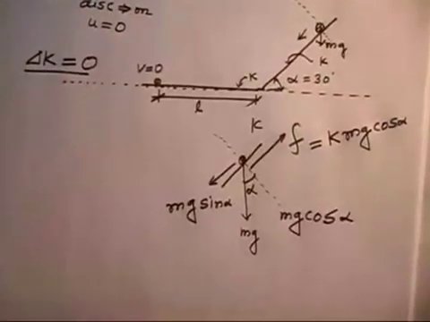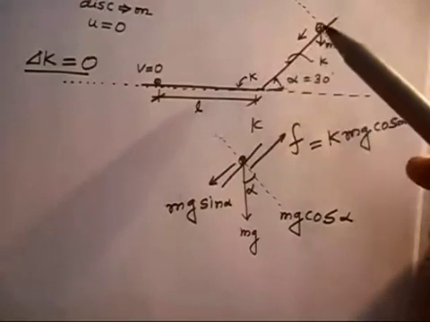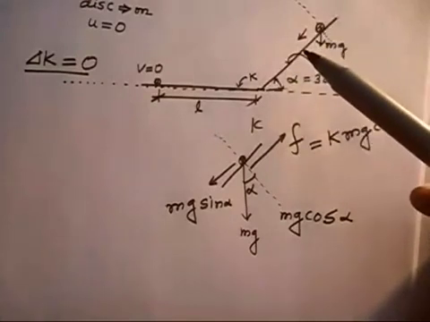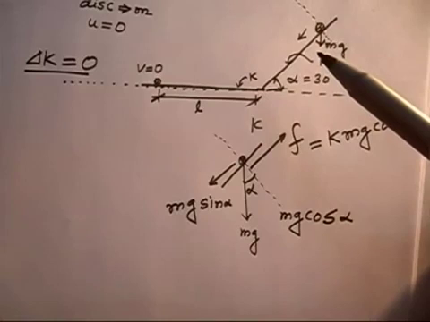Now for the work done, when this distance is given. Basically this distance is not given in the problem. What is the distance by which it traversed? Any idea? So we have mass m, length L, coefficient of friction K, initial velocity 0.